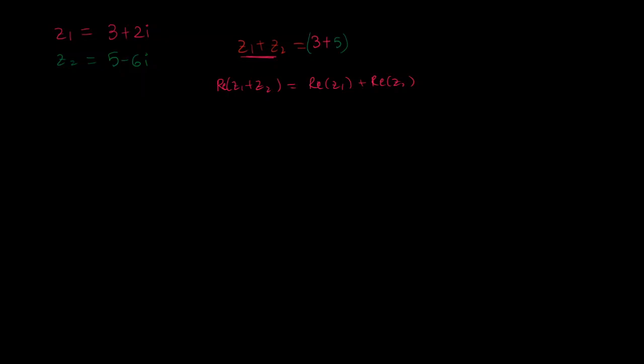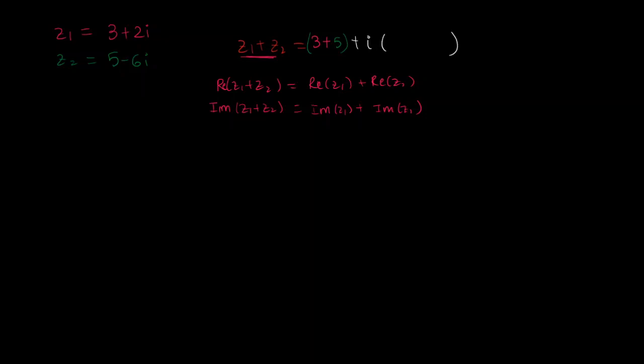The imaginary part, just like the real part: the imaginary part of z1 plus z2, again, we separately add them. So imaginary part of z1 plus imaginary part of z2. You write the i here, and in the brackets you write the imaginary parts.